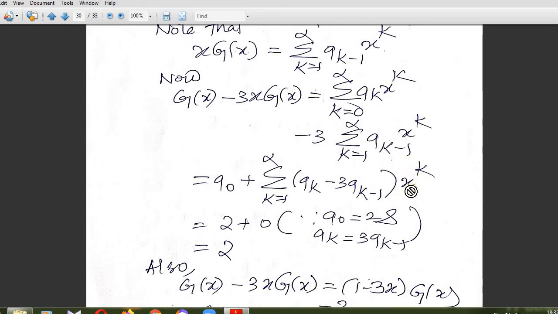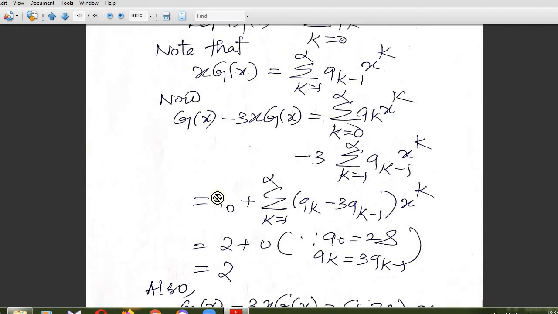We are writing the common terms here. So this step comes from this step, just taking one term outside, a_0 x^0, plus both coming common. That common summation comes here, k from 1 to infinity, here a_k minus 3 times a_{k-1}, and x^k is common, bringing it outside.